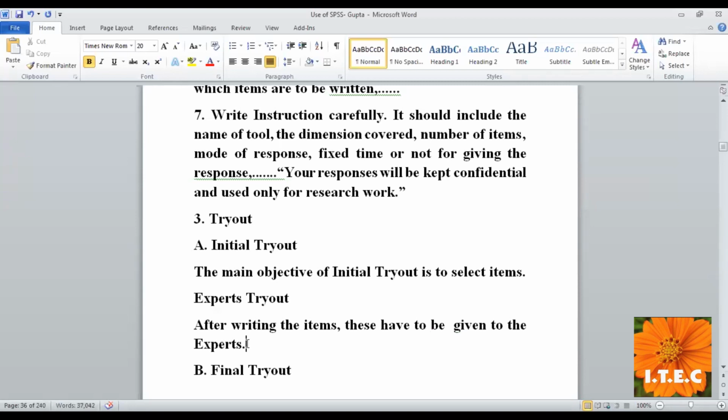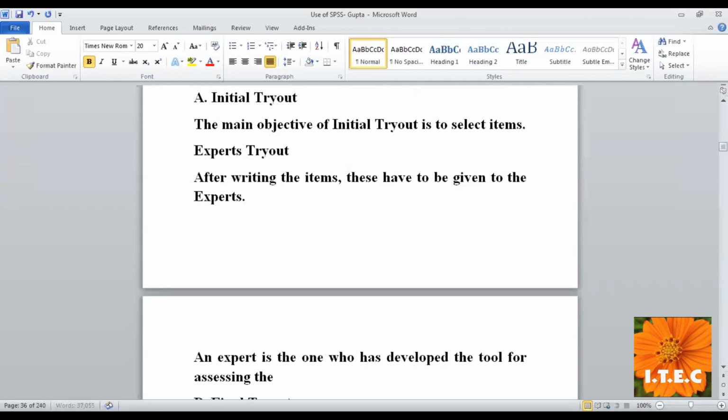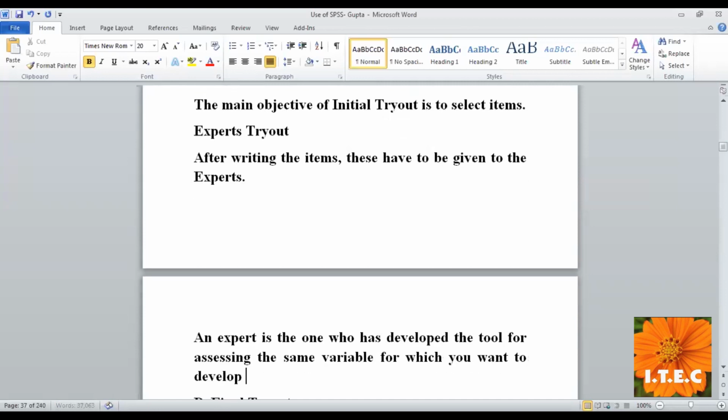Now, who is an expert? An expert is the one who has developed the tool for assessing the same variable for which you want to develop the tool.